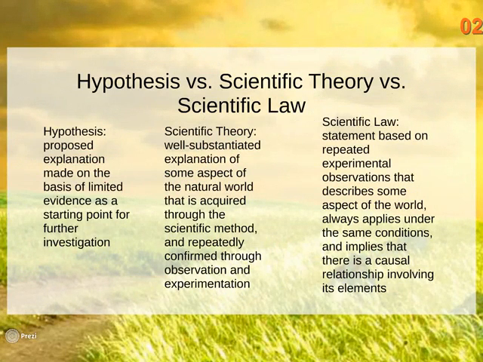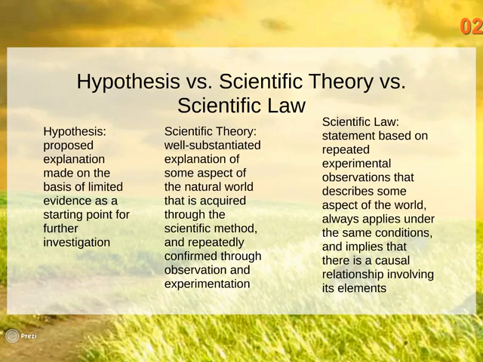Oftentimes people think the hypothesis is just an educated guess, and that there is no wrong explanation for a hypothesis. In the scientific field, we do really try and make sure that it is an educated guess and that we do our research before actually testing out our hypothesis, because often it is quite expensive to carry out these procedures.